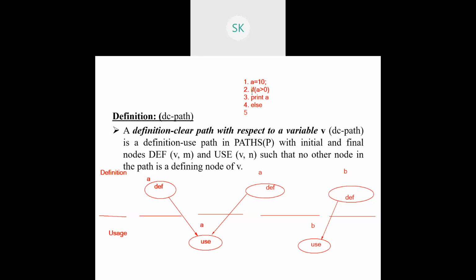Fifth statement, print a should be positive number. You're getting this? This is a small snippet of pseudocode. I'll be saying that whatever path you choose, it will have a definition clear.